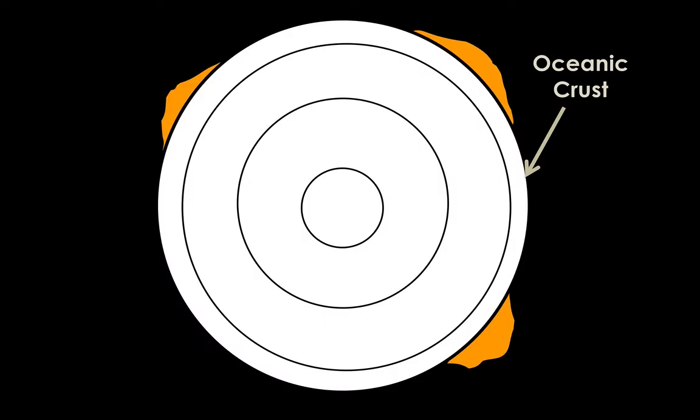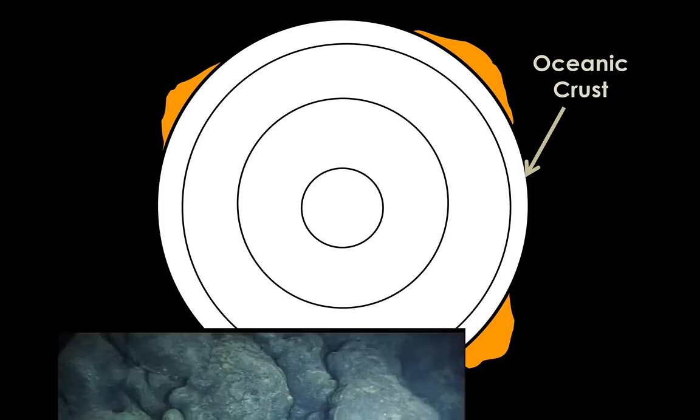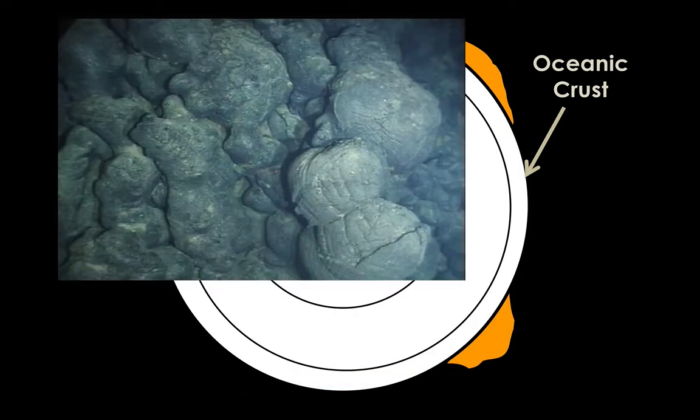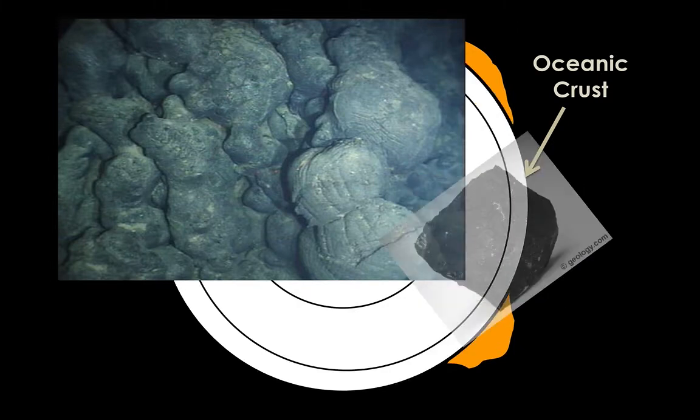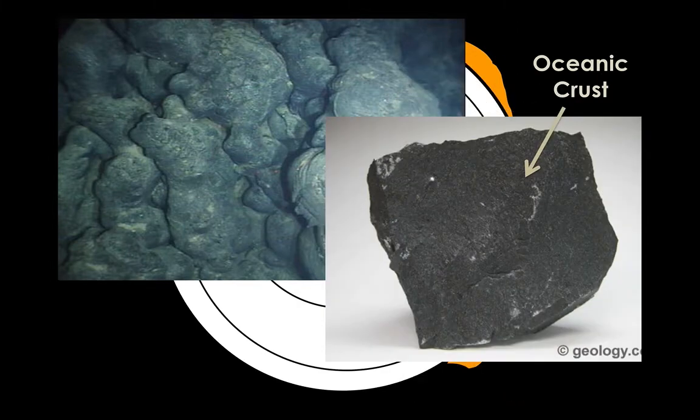On your diagram, we're looking at this line, this outermost circle in your diagram. Okay, so not the whole layer, but just that black line that already exists. All right, this is a picture of basalt underneath the ocean, down on the surface of the ocean floor. Here's what basalt looks like up close.